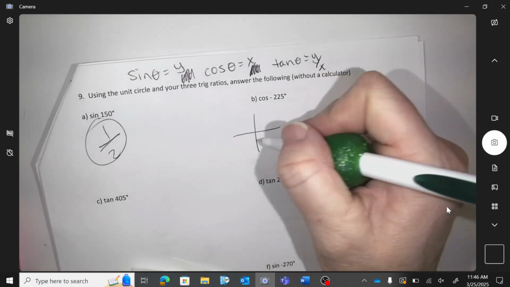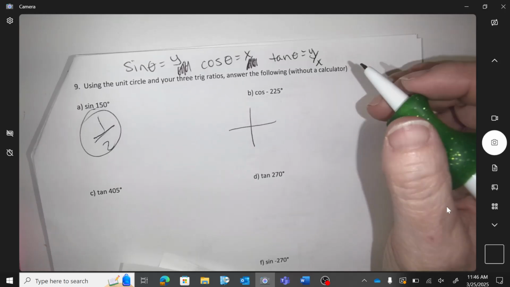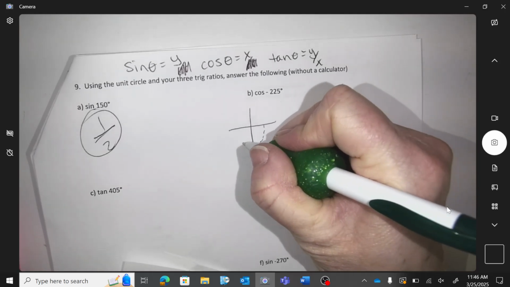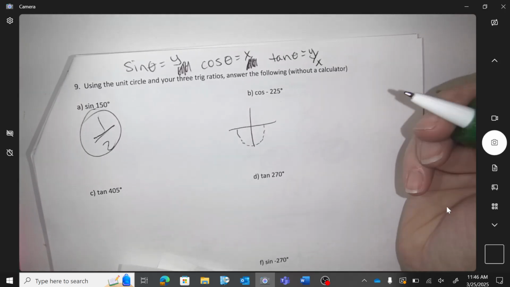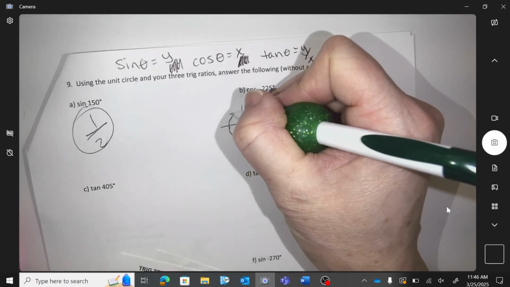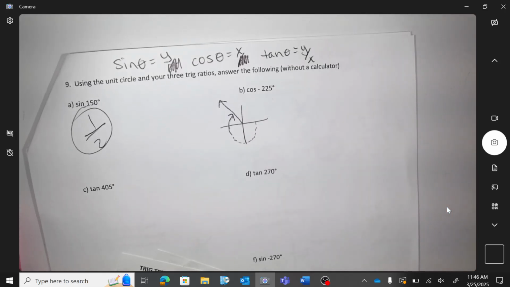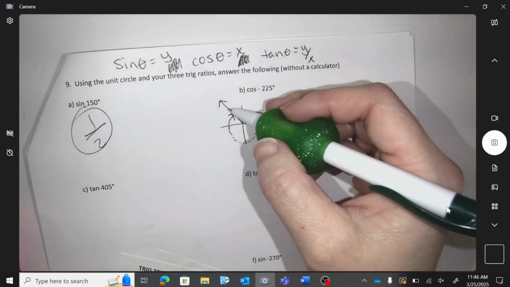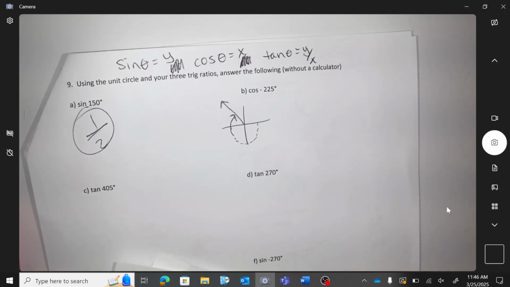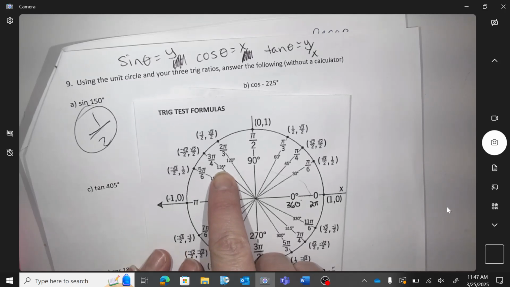Okay, negative 225. So maybe you want to draw it. I don't really know where that is. So I would have to go backwards. This is 180. Would you agree that you would land there? Okay, so if I look on the unit circle, what is the same position as a number? 135.